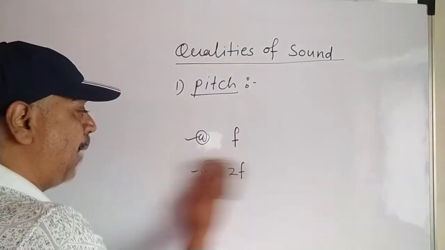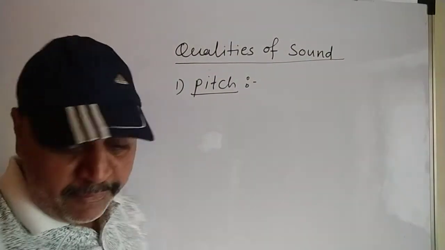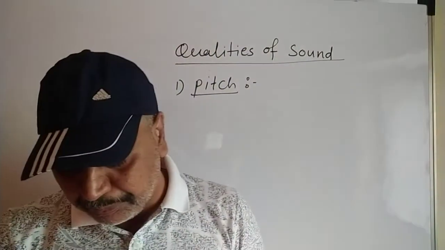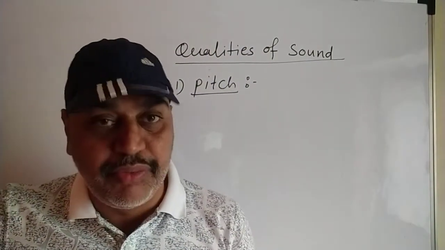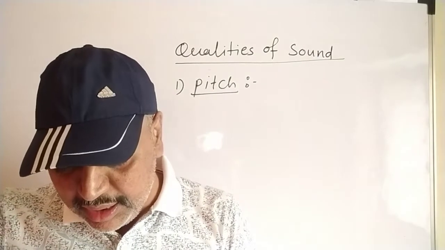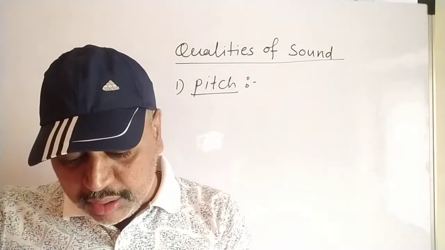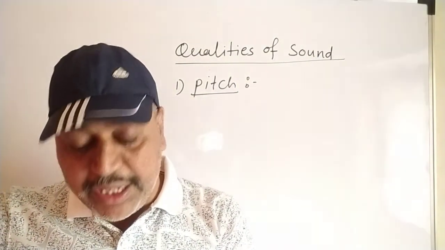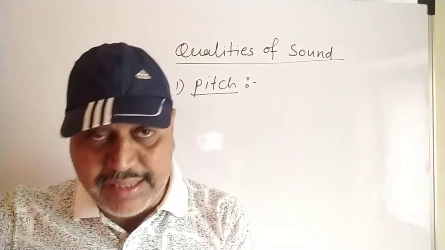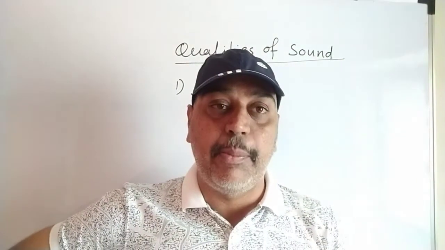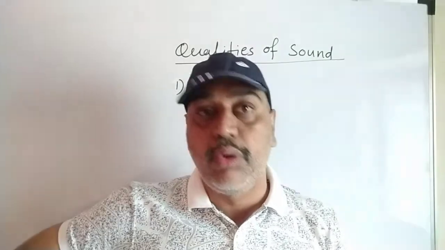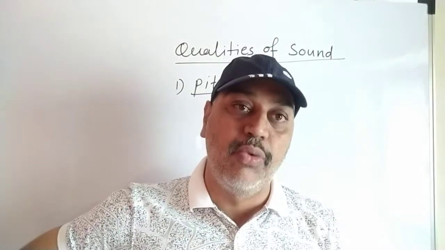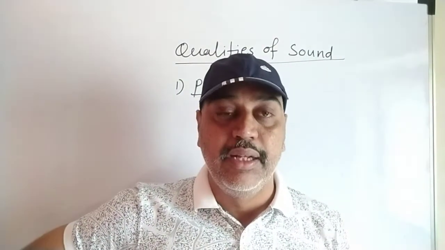Apart from this, in the book, in the last paragraph of this topic, they have discussed tone. Tones of a guitar are sharper than those of beats. Tones and beats are parts of music.